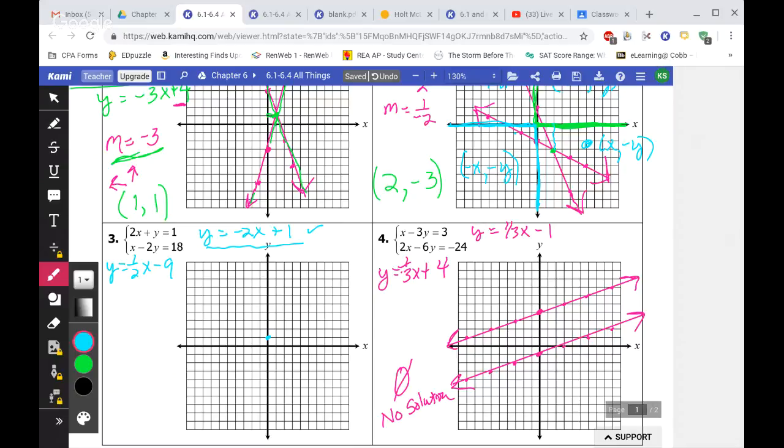Negative 2. Okay, so that means I'm going to travel in one direction negative, one direction positive, because it's a ratio, and it's either negative 2 over 1 or it's positive 2 over negative 1. So if I go up 2, I would have to go left 1 because up is positive, left is negative. Up 2, left 1.